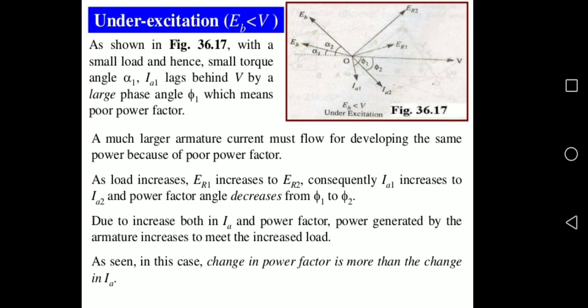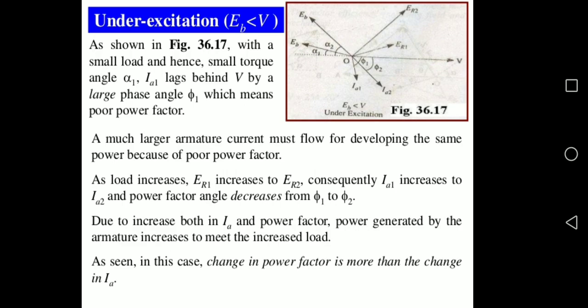So now coming to the under excited condition, from the normal excited condition we saw in the last figure. The under excited condition is shown in figure 36.16 with a small load and hence small torque. Under excited means the flux produced by the rotor is very less.